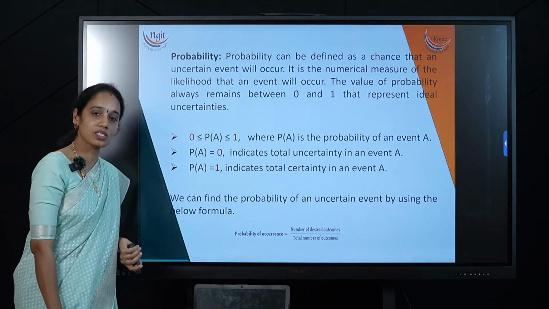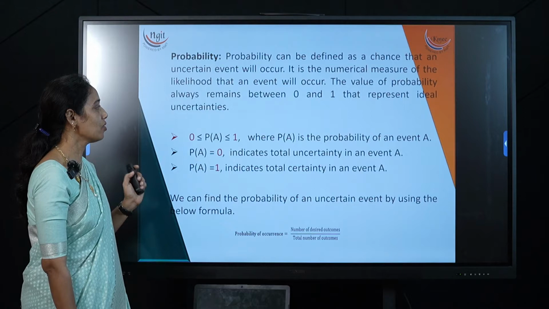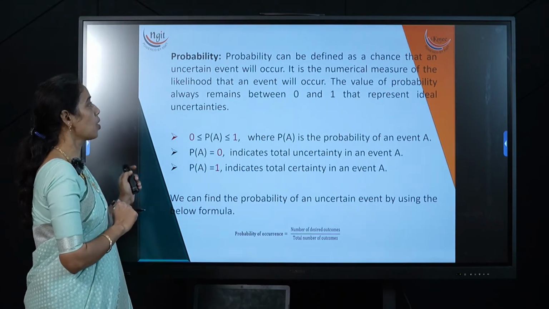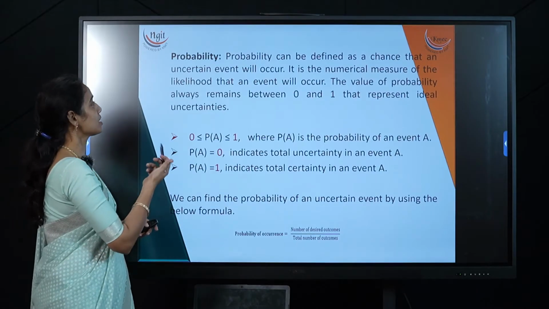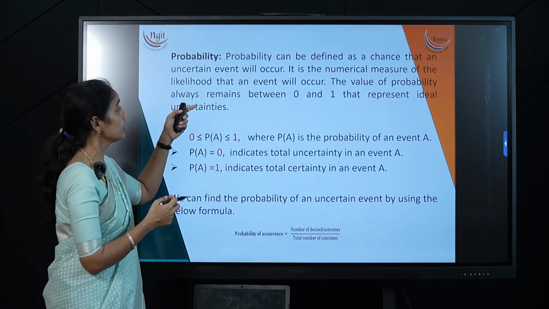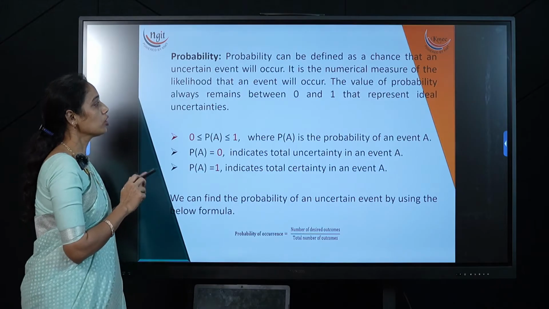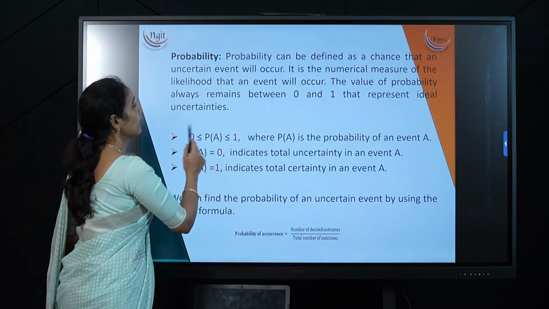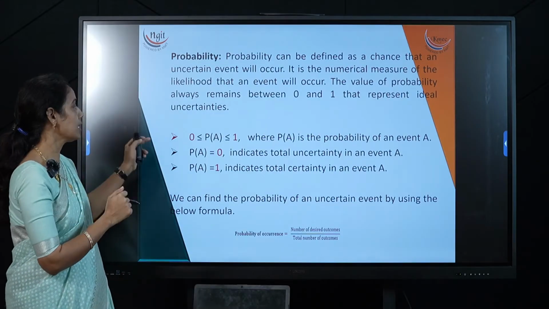Before discussing the Bayes rule, we should have a minimum knowledge of probability. Already you are aware of probability. So what is probability? Probability can be defined as the chance that an uncertain event will occur. The value of probability always remains between 0 and 1, which represents ideal uncertainties.